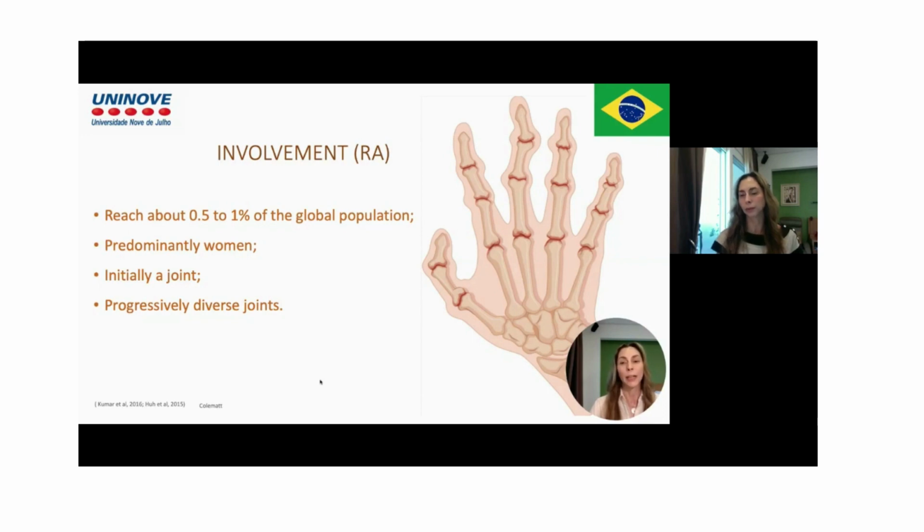It is predominant in women between 30 and 50 years old, and this increase in the fifth decade of life is due to the decrease in estrogen, deficiency of vitamin D, and calcium fixation in the bones as a result of menopause. Arthritis starts in a joint, usually at the ends, and progresses to several joints.